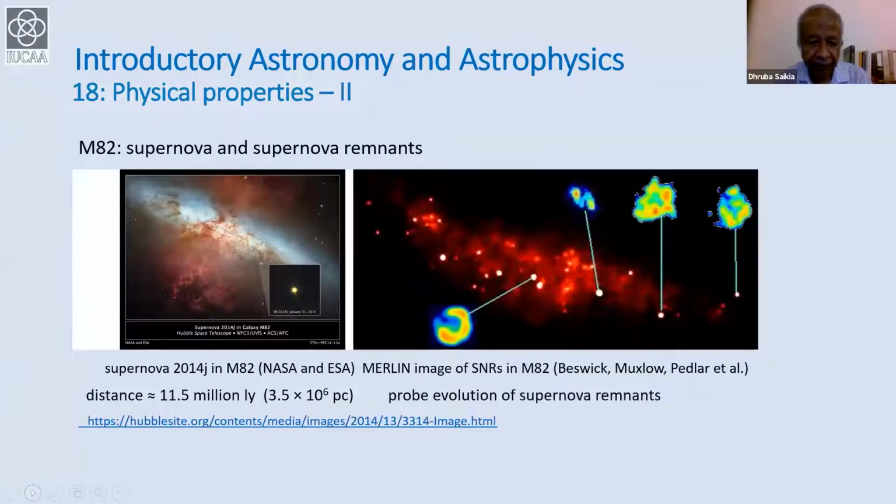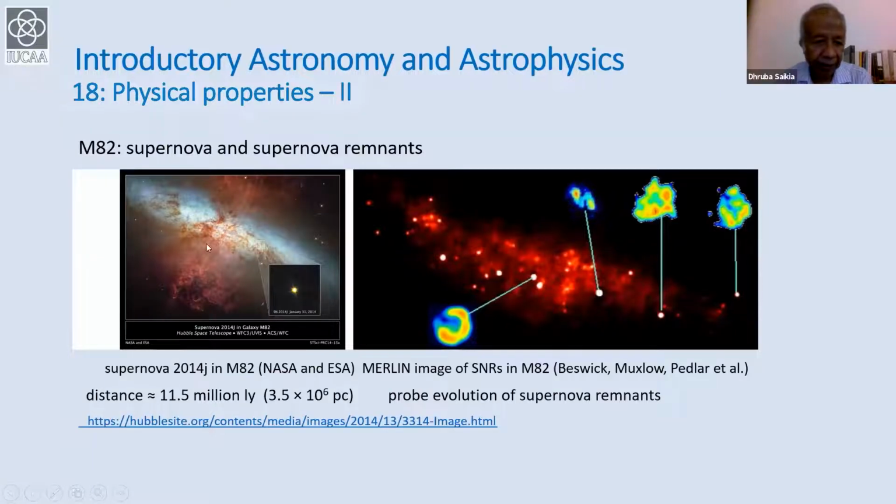And this has been used not only for stars, which I've talked about so far. I'll give you one more example where brightness is used, and I will stop with that. This is the irregular galaxy Messier 82, which we have met earlier. It's a reasonably active star-forming galaxy in the central region.